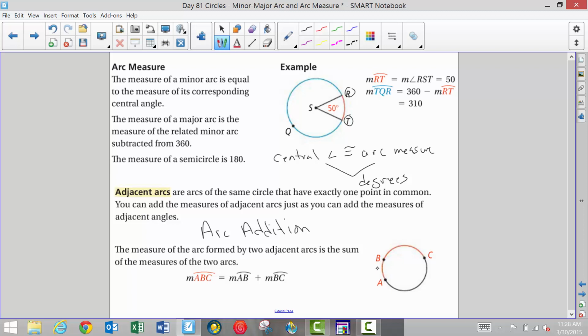So for example, if this was 30 degrees and this was 100 degrees, then I know that the measure of 30 plus 100, this would be 130. And we're going to get to examples to solve for arc measurement.